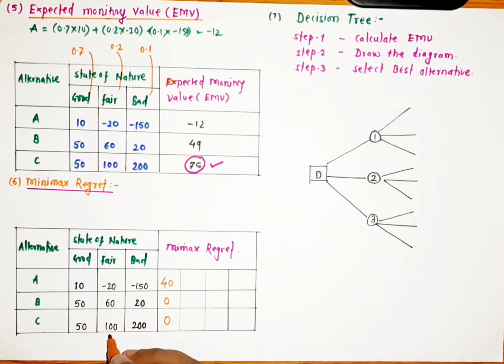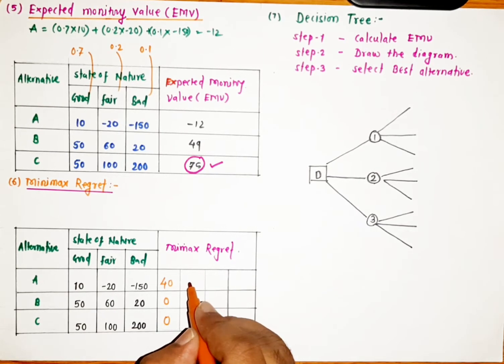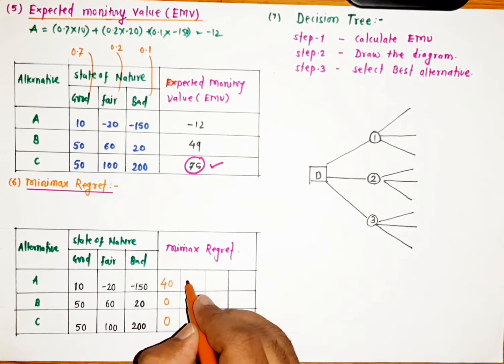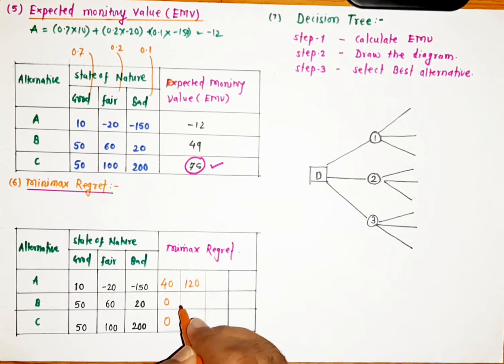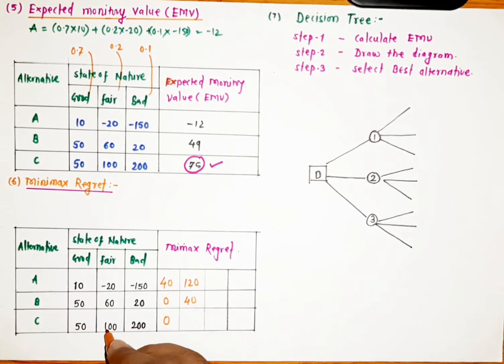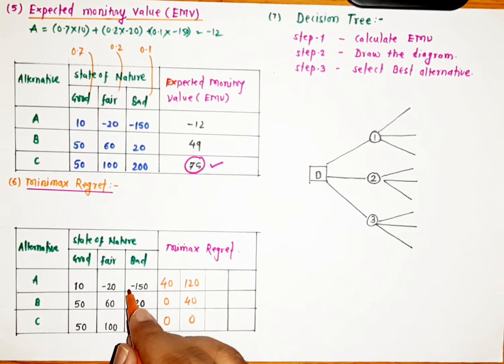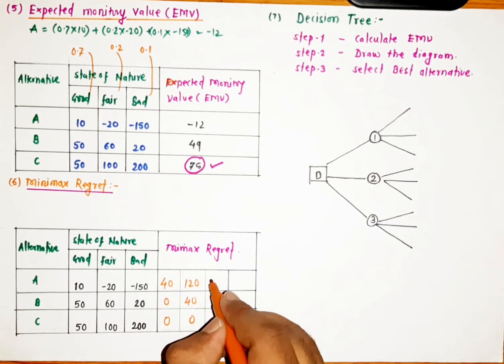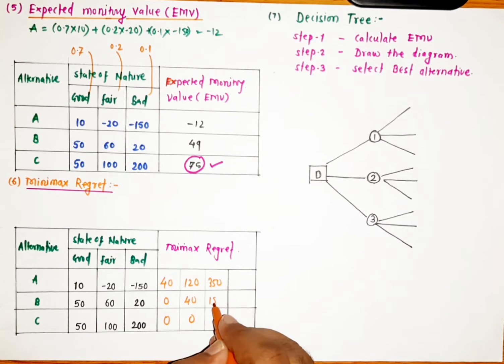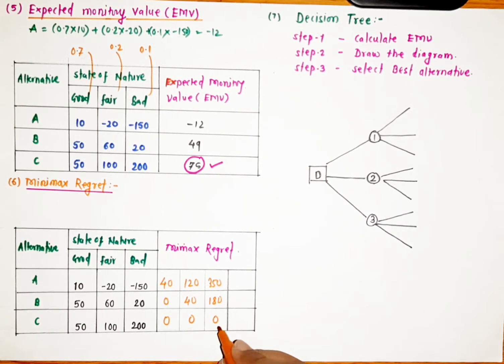For the next column the maximum value is 100. So 100 minus minus 20, minus will be plus, that is 120. And next, 100 minus 60 is 40, and 100 minus 100 is 0. Next, for the value 200, 200 minus minus 150 is 350, 200 minus 20 is 180, and 200 minus 200 is 0.